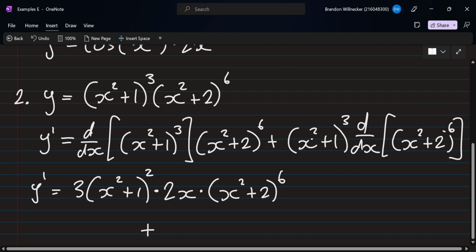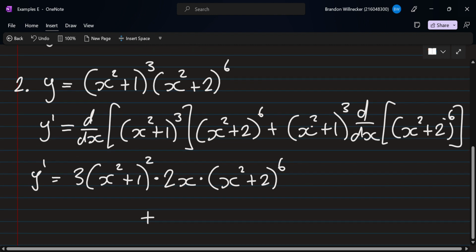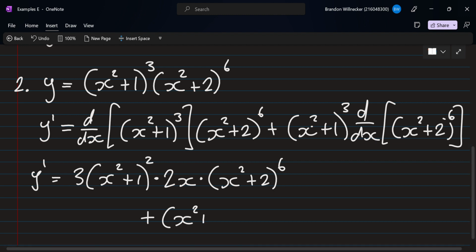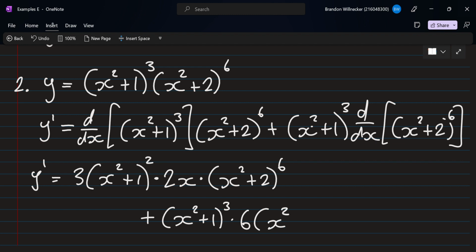Okay, plus, and then for the second term in the sum, that x squared plus 1 cubed, that's going to stay the same. Okay, but now we have to take the derivative of x squared plus 2 to the 6. So the 6 comes down, the inside part stays the same, that becomes a 5. Then we take the derivative of the inside, and that will be 2x.